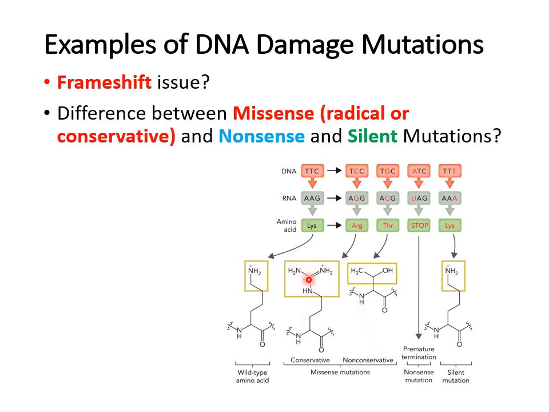If, however, the new amino acid has the same chemical or physical properties, so it's supposed to have a positive charge, it still has one, a positive charge, that's conservative, didn't really change much. Conservatives in terms of people, they don't want change, they want traditional. So you can use that to help you remember the difference between radical versus conservative.